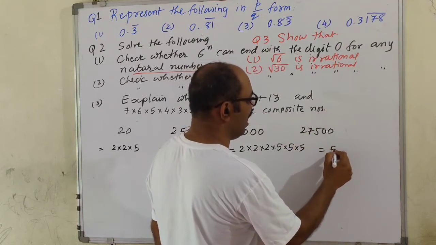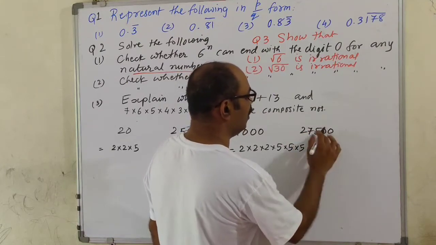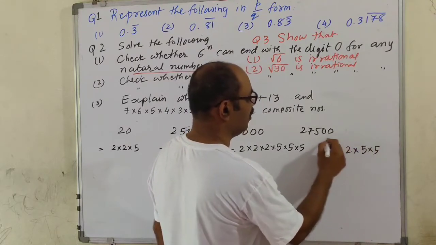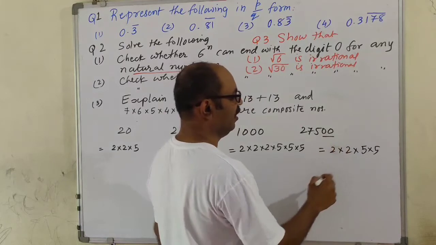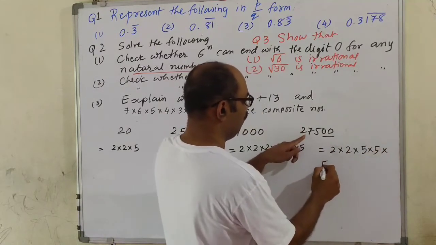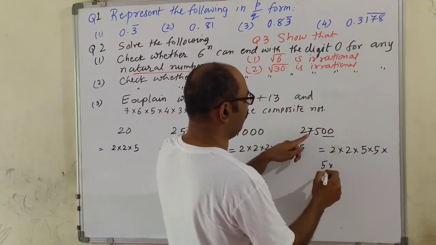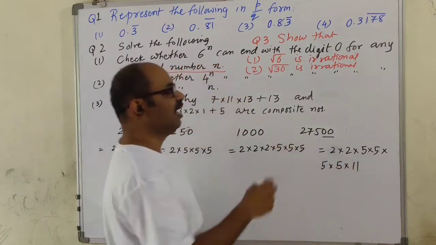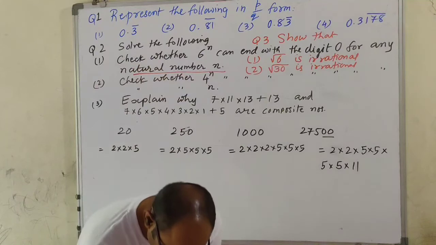Okay, double 2 is already there, double 2 and double 5 make 100, into 5, 5 5s are 25, so again 5 into 11. These are the prime factors.